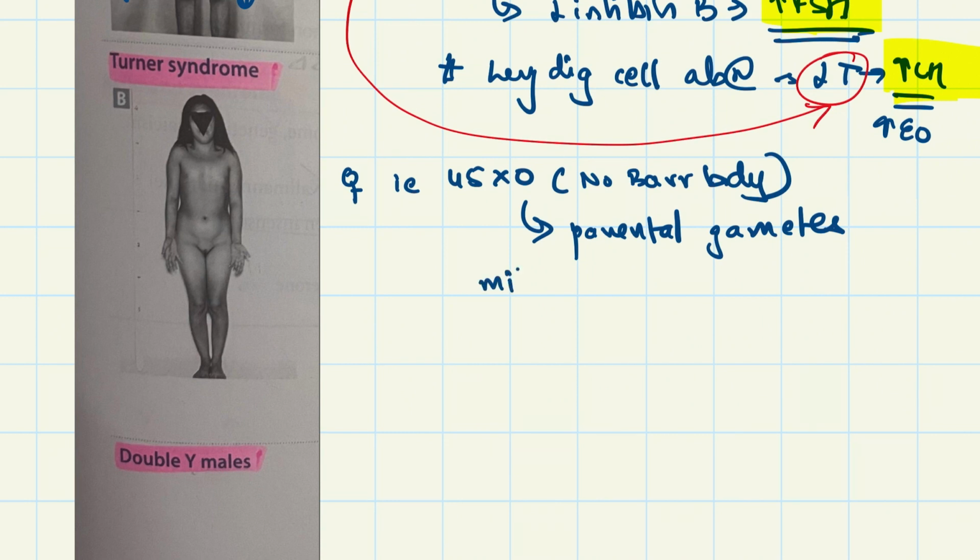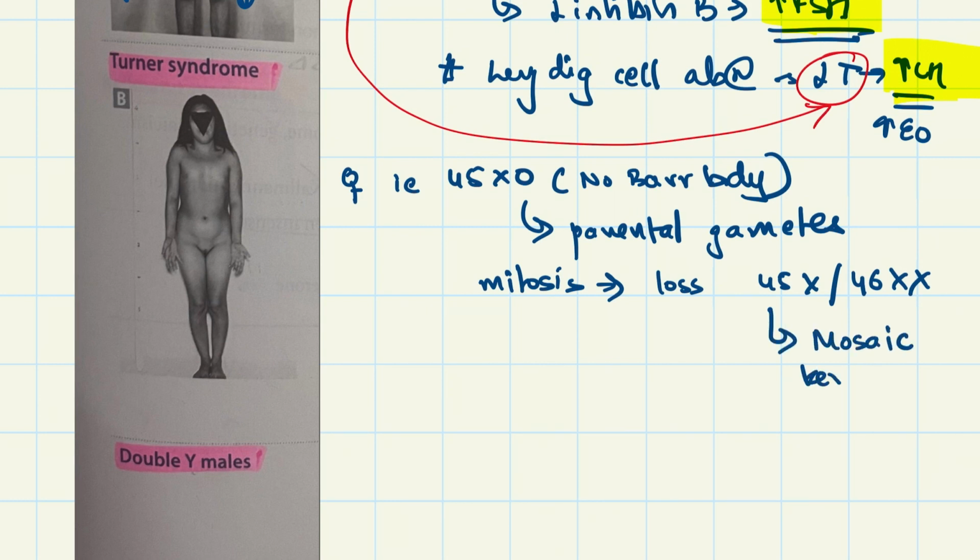Another important cause of Turner syndrome can be due to errors in mitosis. This happens after the zygote is formed, and that leads to loss of a sex chromosome in some of the cells, that is some cells will have 45XO while the other cells will have a 46XX or a 46XY karyotype, and this is called a mosaic karyotype.